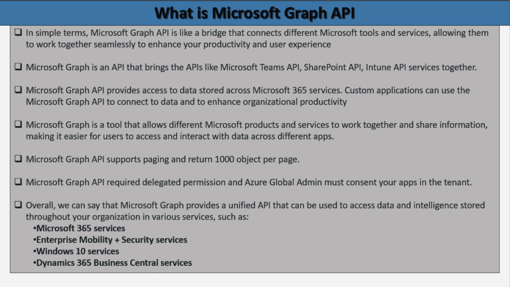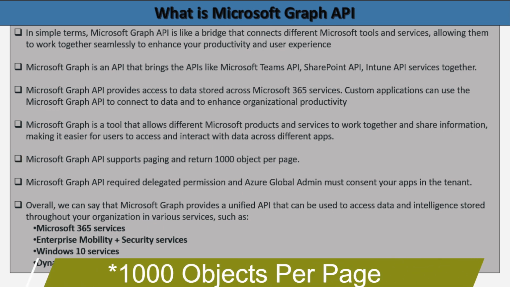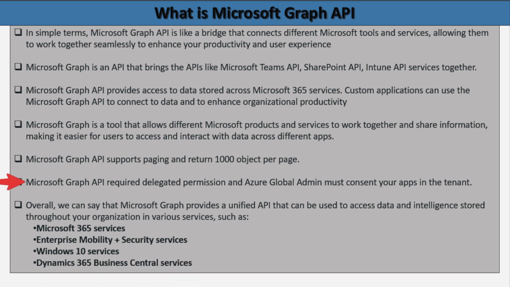Microsoft Graph API supports paging and returns 100 objects per page. Microsoft Graph API requires delegated permissions, and Azure Global Admin must consent your application in the tenant.